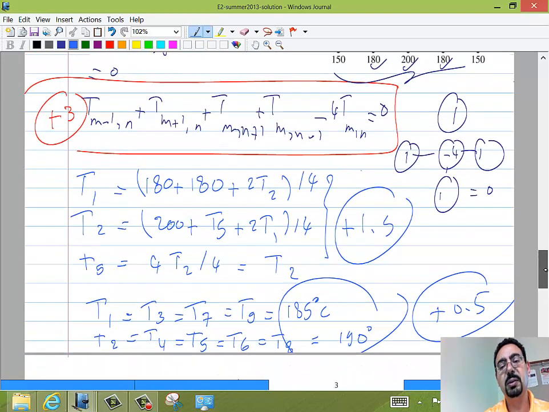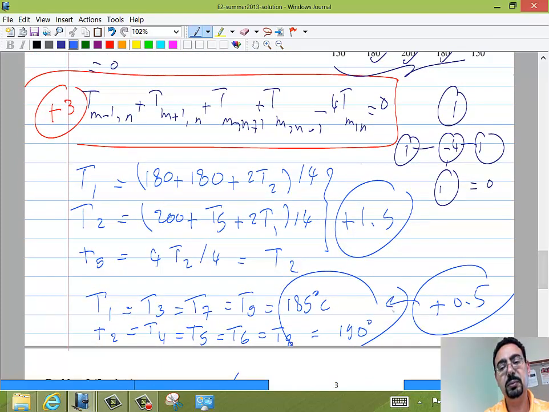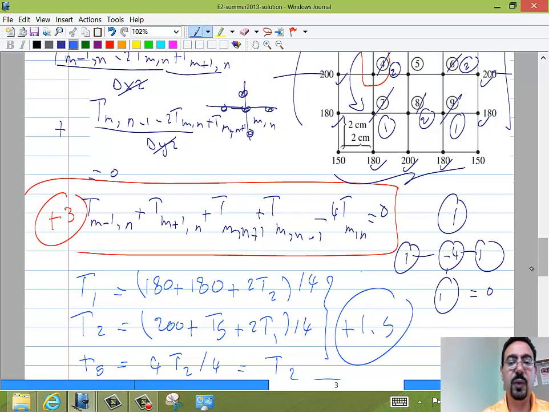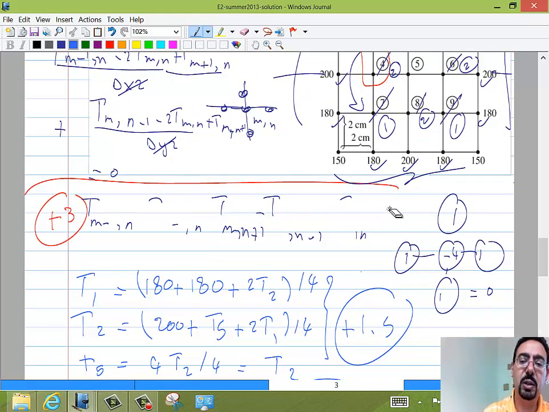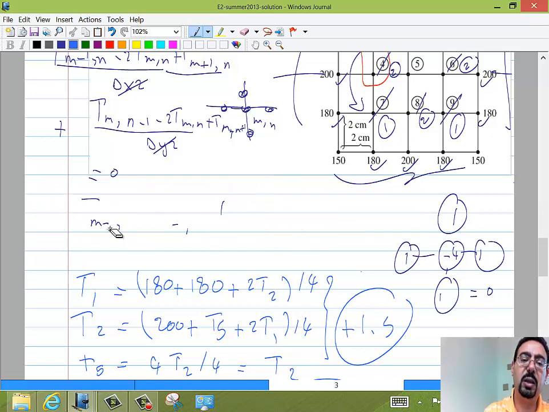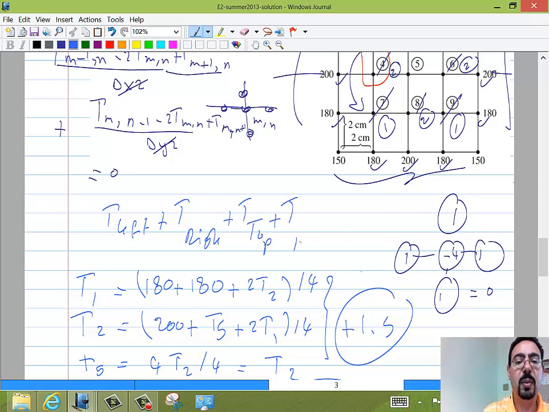Question about this? If you did not use the m and n labels and just wrote out the... That's fine too. Jason is saying you can just write it as T left plus T right plus T top, T bottom minus 4 T node equals 0.